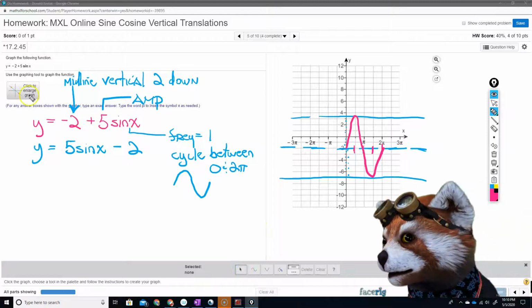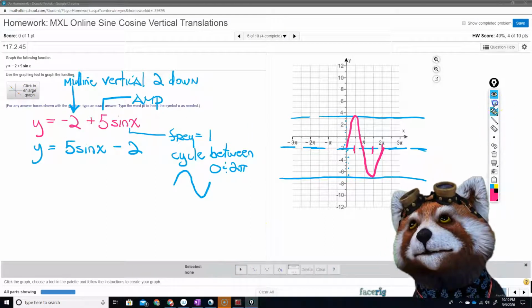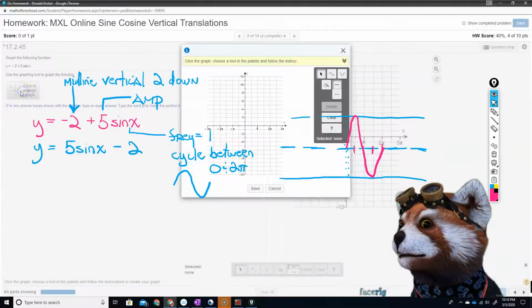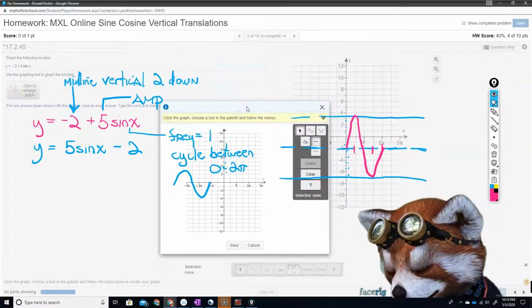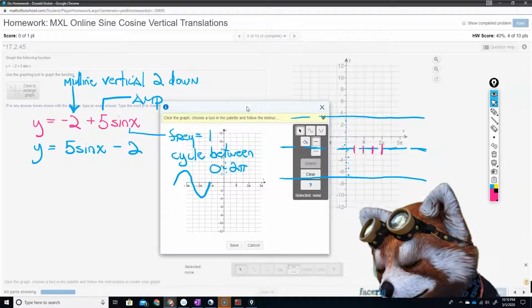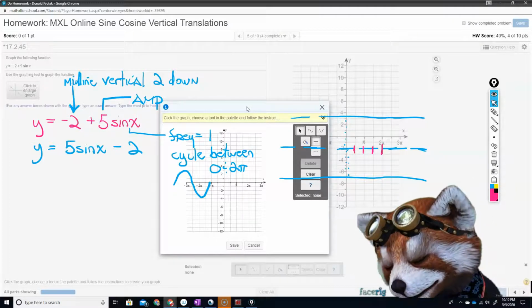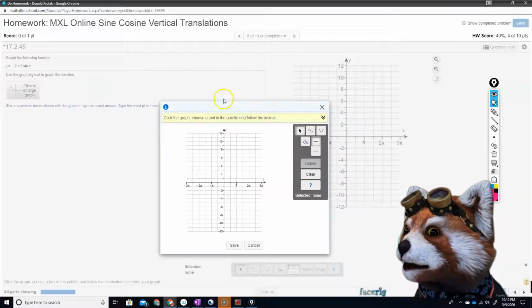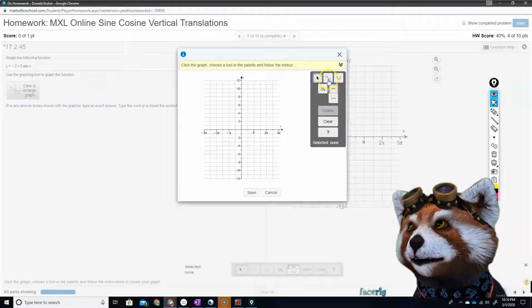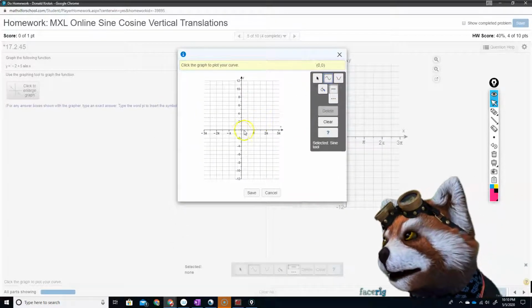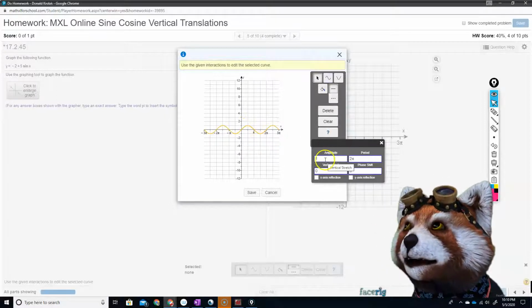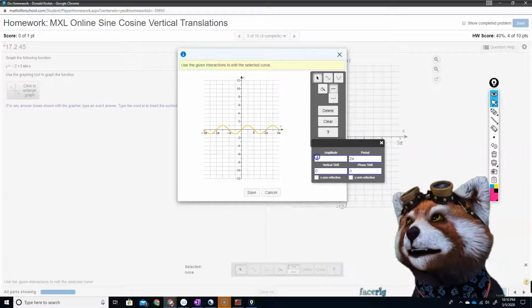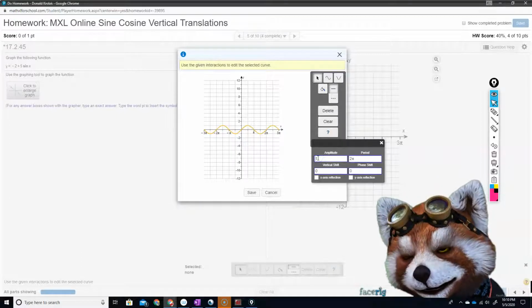Okay, now we're going to use the tool to do it. Clear this out. All right, we got a sine graph, so I click on my sine tool, come over here, click at the origin. All right, I know that the amplitude was 5, so I set that at 5.